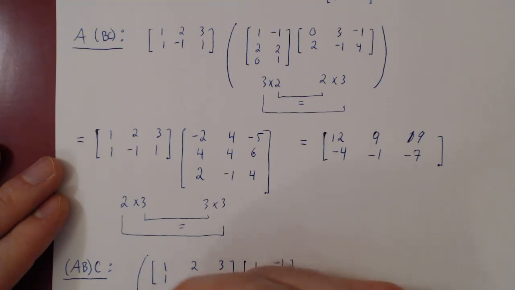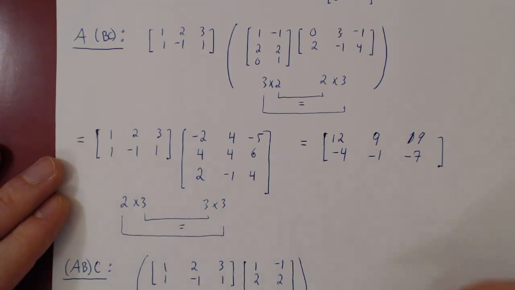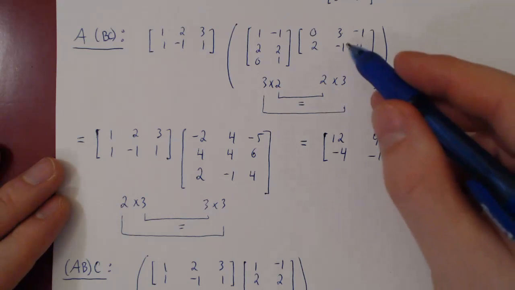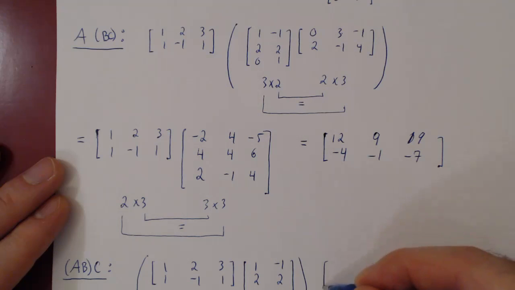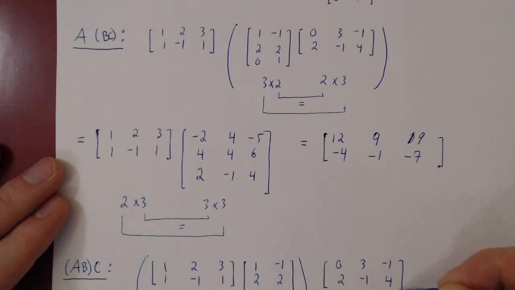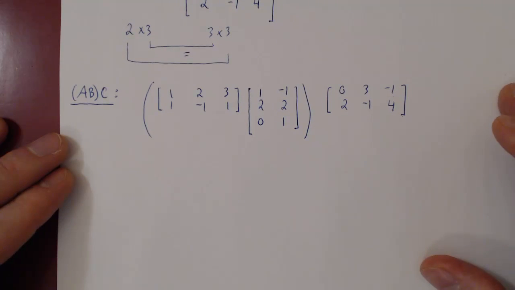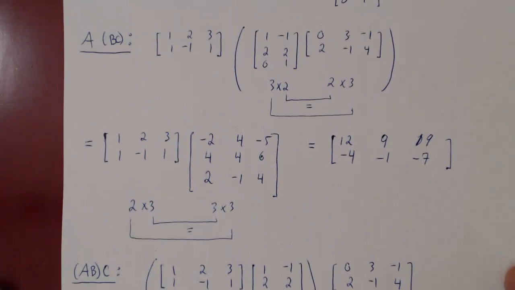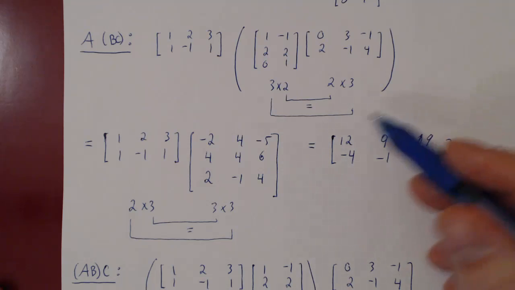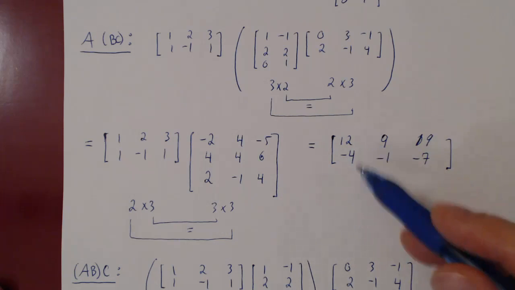So we first perform this multiplication between A and B, and then finally times C, which is right here. 0, 3, negative 1, 2, negative 1, 4. Okay. Let us perform the product, and hopefully our proof is correct, and we'll get the same 2 by 3 matrix at the end.